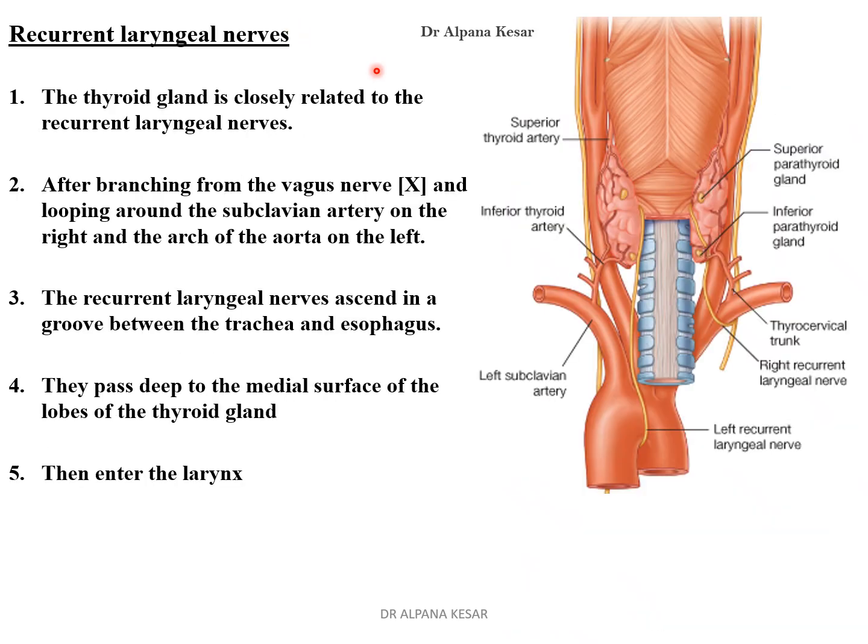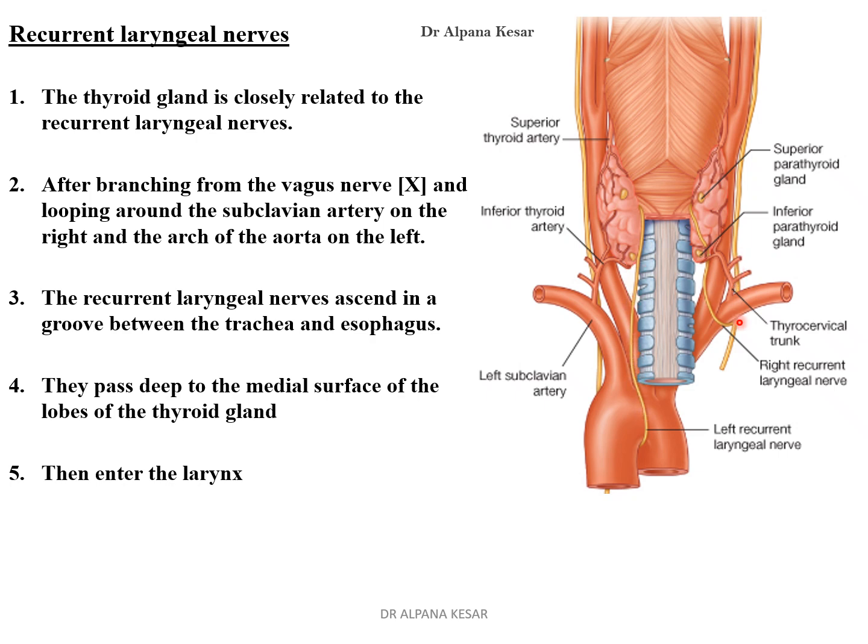Recurrent laryngeal nerve, which is closely related to the thyroid gland, forms a clinically significant relation to the thyroid gland. This is the right vagus nerve and this is the right recurrent laryngeal nerve. This is the left vagus nerve and this is the left recurrent laryngeal nerve.